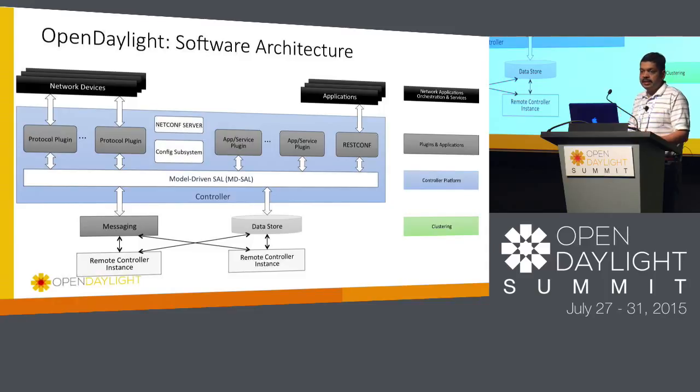All that's maintained there. The data, again, it's all transparent to your plugin, but it could be persisted. If it's configuration data, it will be persisted. If it's operational data, it will not be persisted. And in a cluster deployment, it will be replicated, and you can access it from any node as well.